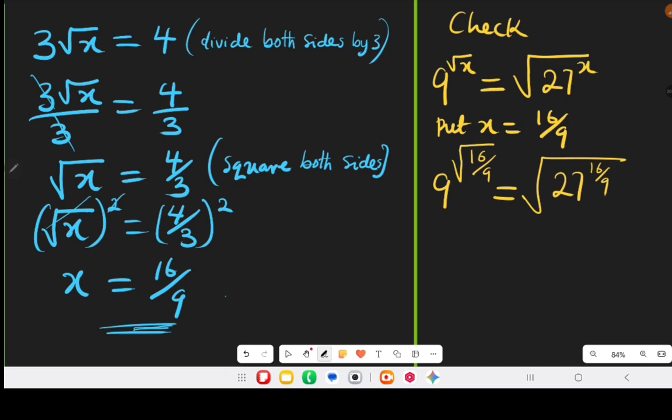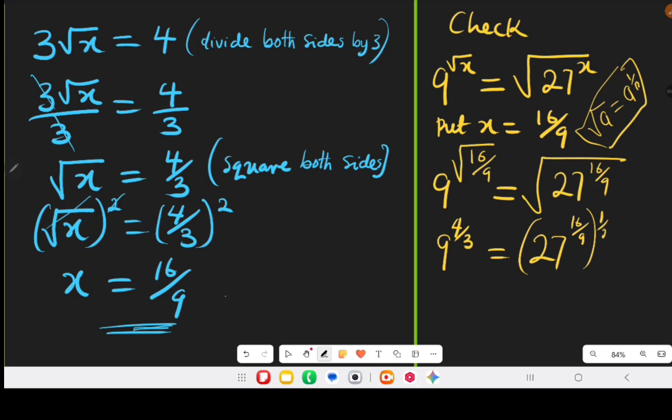Now square root of 16 is 4 and square root of 9 is 3. This will change to 9 raised to the power of 4 over 3 equal to, we change this square root to power, which is, when we have square root of a, it is the same thing as a raised to the power of 1 over n. If this is true, we have 27 raised to the power of 16 all over 9 all raised to the power of 1 over 2.